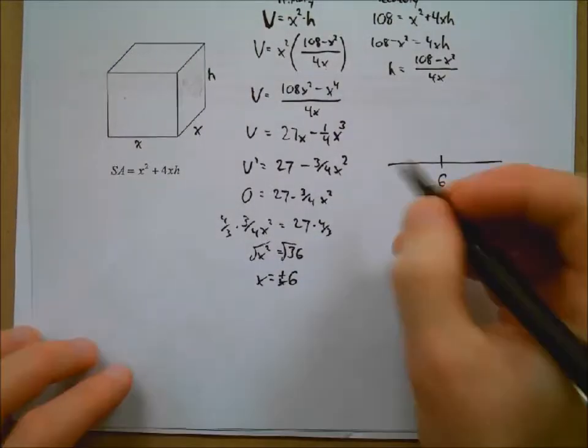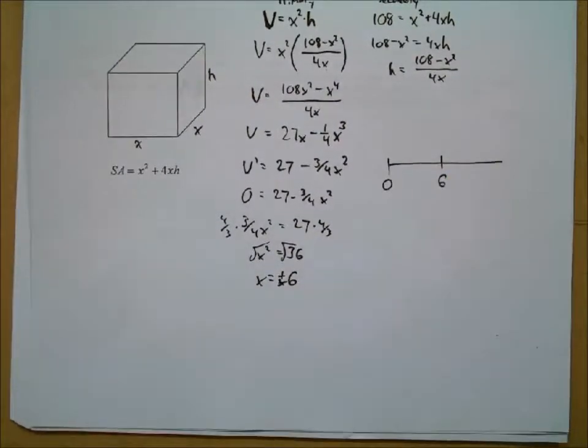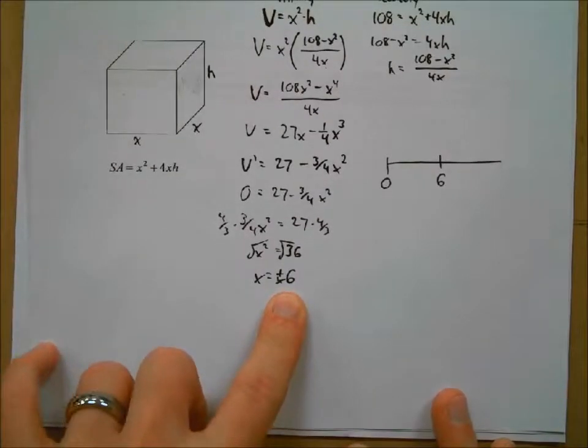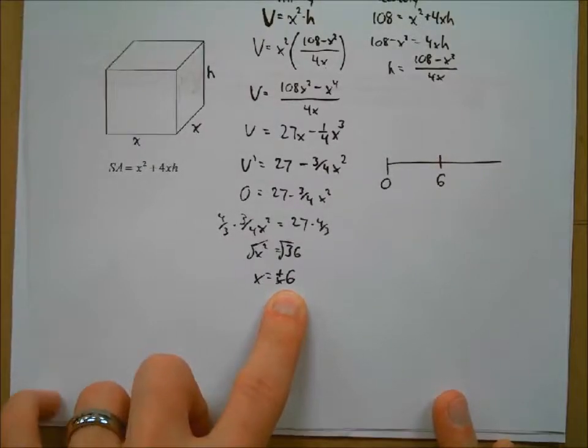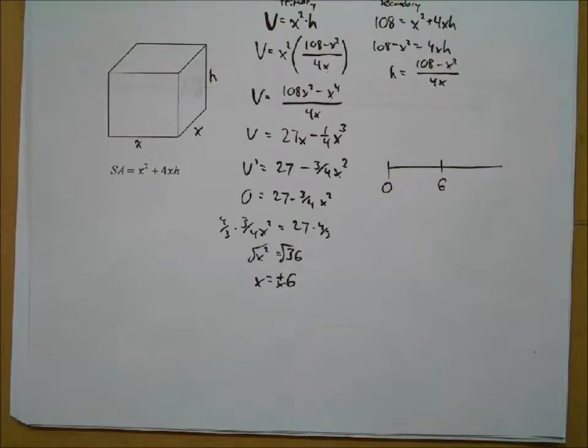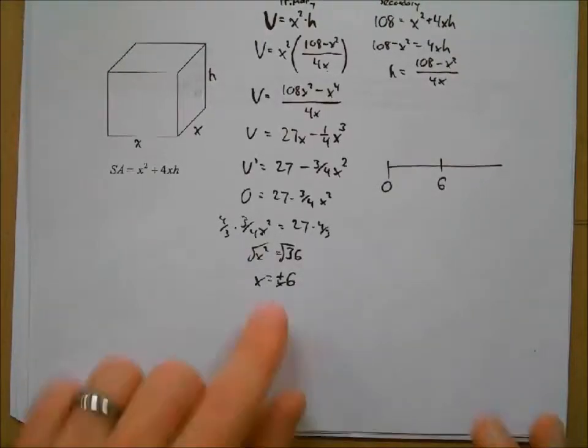Certainly 0 is a lower bound, so I'm going to put 0 on my number line for our analysis of whether we have a relative maximum or minimum. Granted, we've got one critical point, so that's probably the place where we're maximizing things. If not there, where else would it be? But we'll push forward and make sure that it is a maximum.